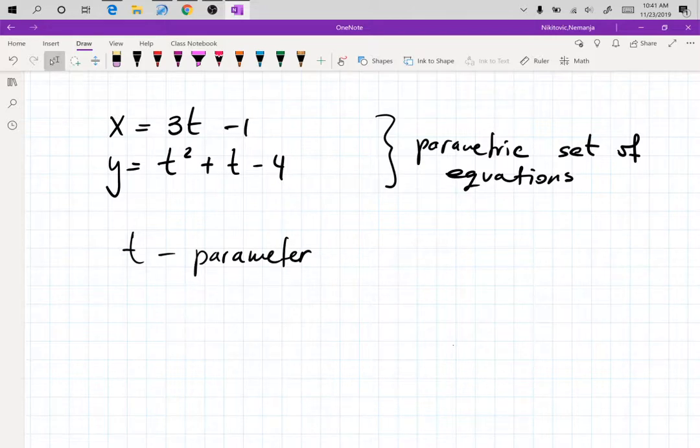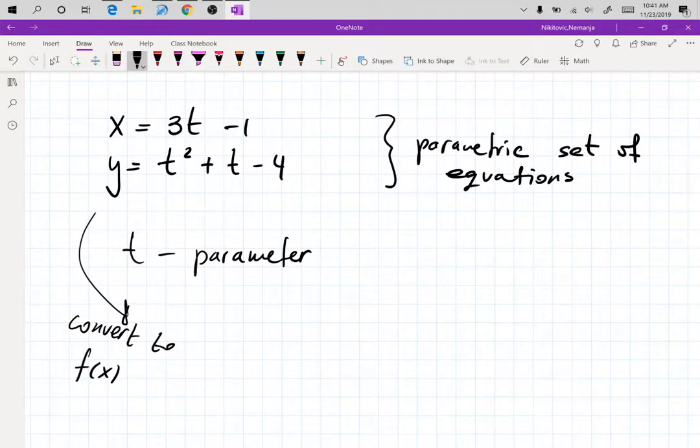So that's called a parametric set, but we can convert to y equal f of x by saying t equals x plus 1 over 3, right? When you solve for t, it's going to be x plus 1 over 3.